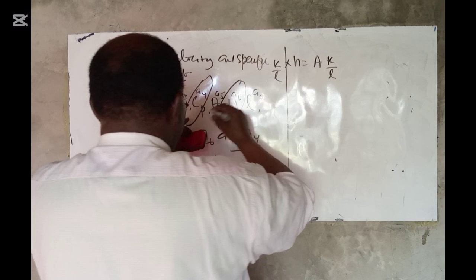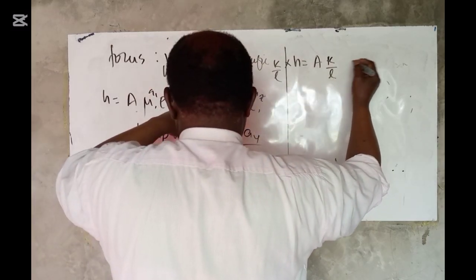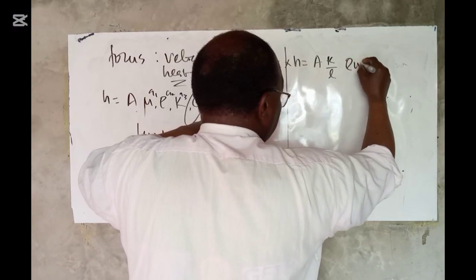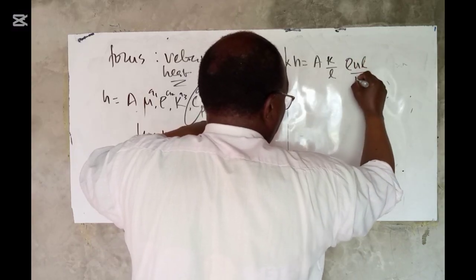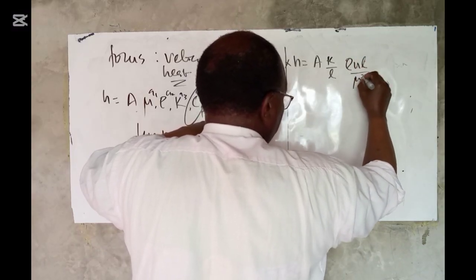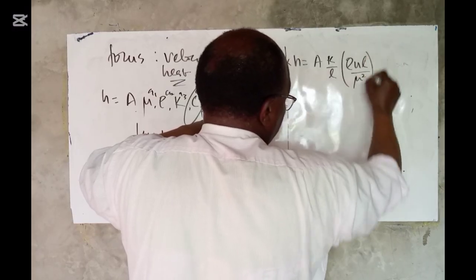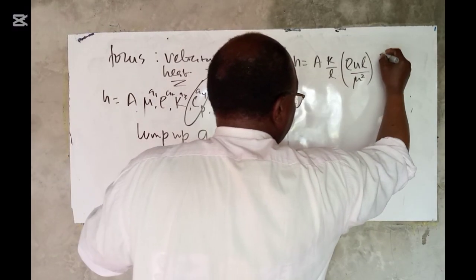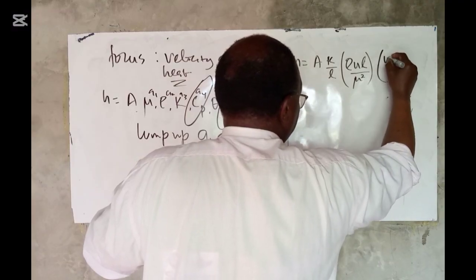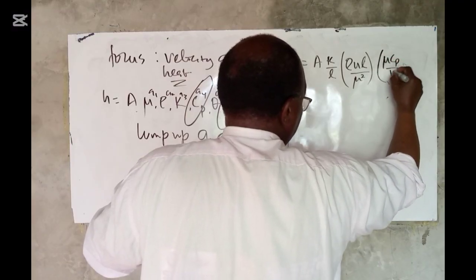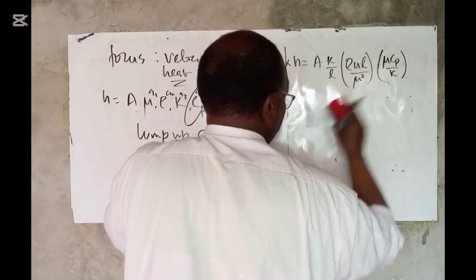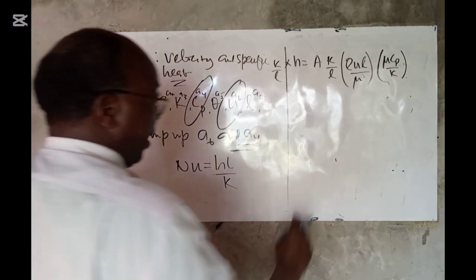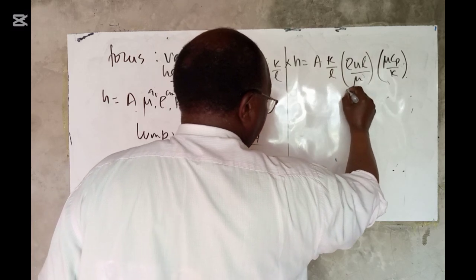When we do that, for the specific heats and velocity, and for specific heat, the quantity which you have, and this, remember, is the Reynolds number.